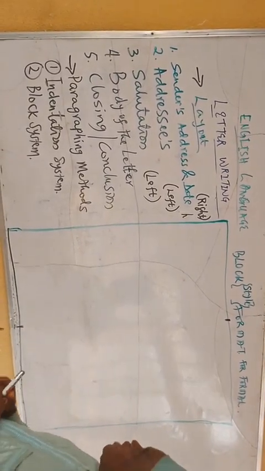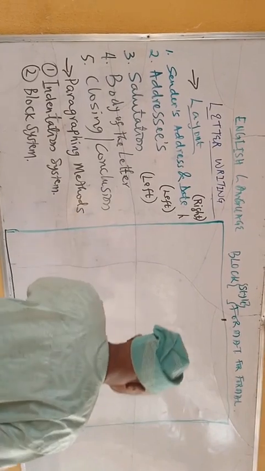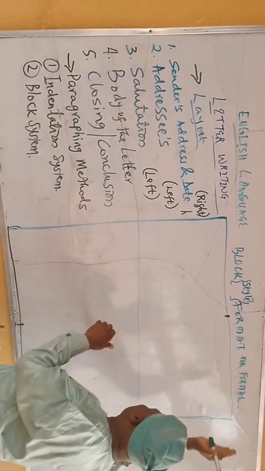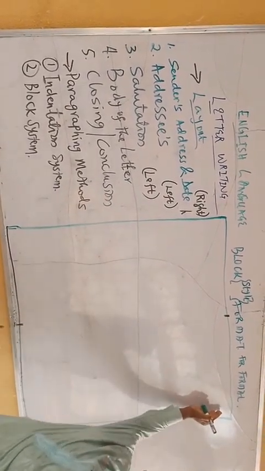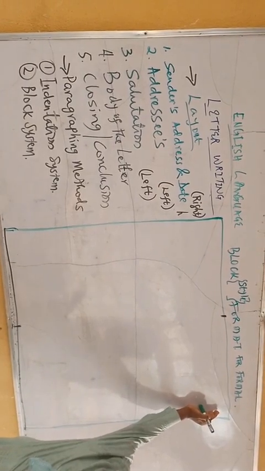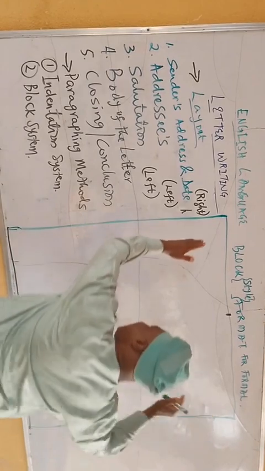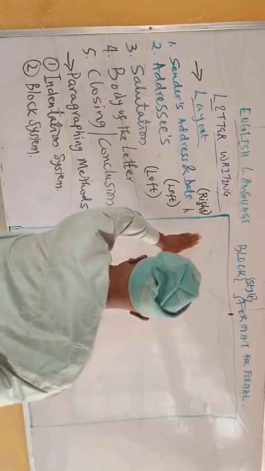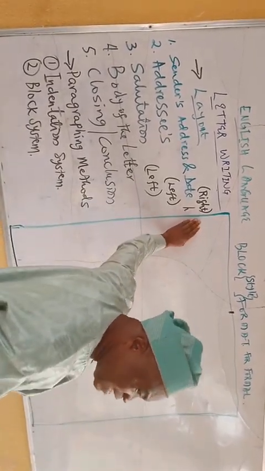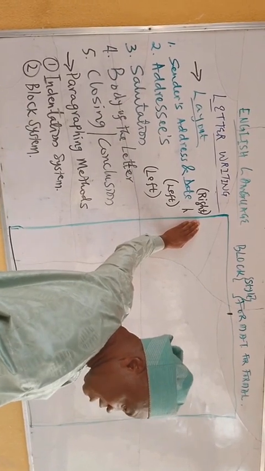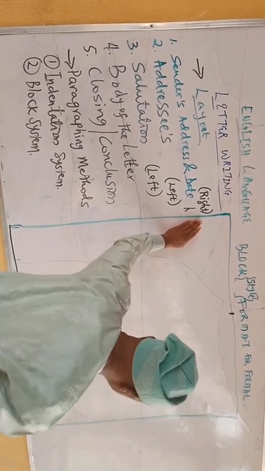The first thing about the layout is that this side is my right hand side and also yours by the time you are writing. On your paper, this is your right hand side and this is your left hand side. This line is called the margin, or marginal block.